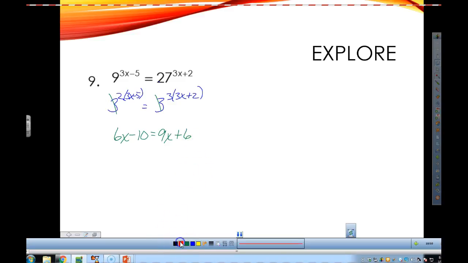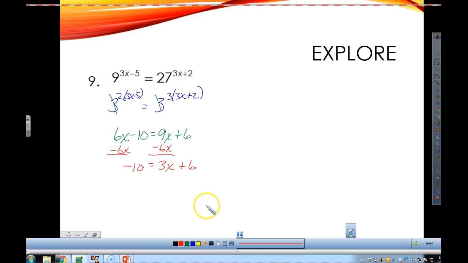Alright, well, let's do a solve here. Let's subtract 6x from here and 6x from here. Remember, there's several ways you can solve this. I just look to always get positive numbers for my x's. Alright, subtract. Gives me negative 10 equals 3x plus 6.